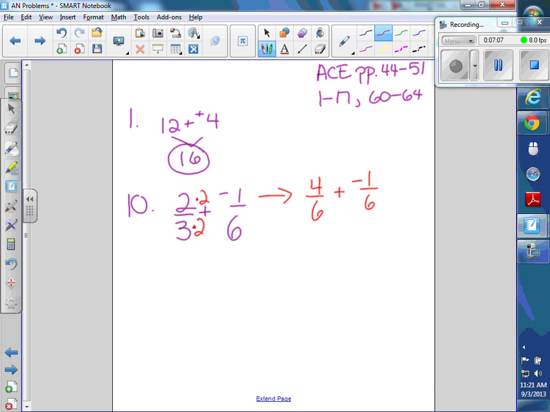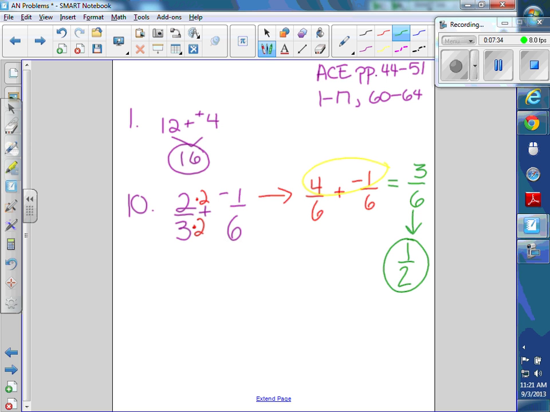So the reason I wanted to do this, once your denominators are the same, you just need to think of this as your math problem. Okay, so Evan, what's 4 plus a negative 1? 4 plus a negative 1 is 3. So you're just going to put 3, and then you have your common denominator. Can I simplify the 3/6? To what? And then circle your final answer.